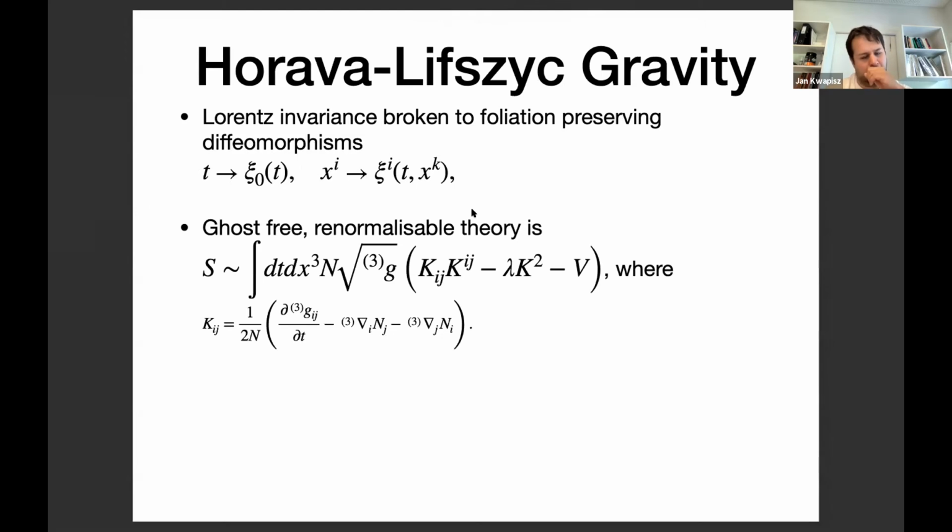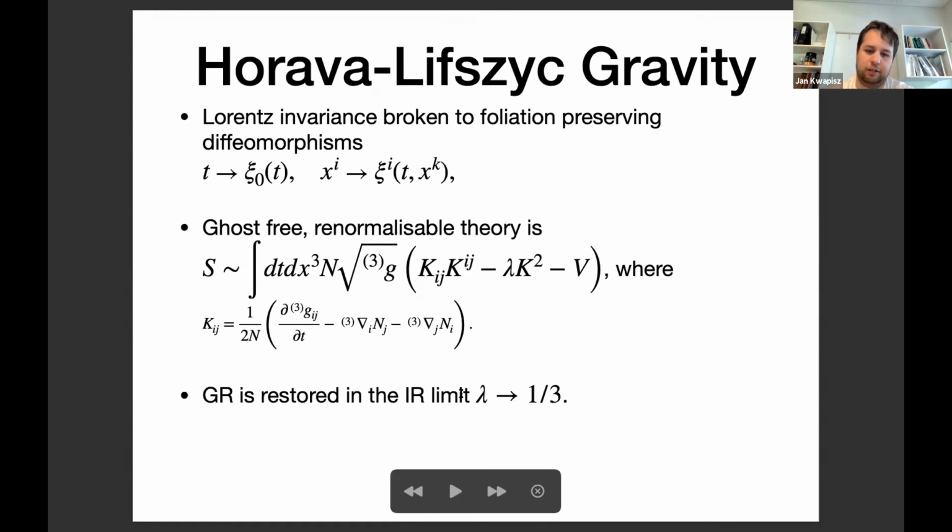Horava-Lifshitz is often spelled out in terms of the ADM formalism, which is convenient to analyze these foliation diffeomorphisms, and the action is given roughly like this, where these are the kinetic terms, while this is the potential term.